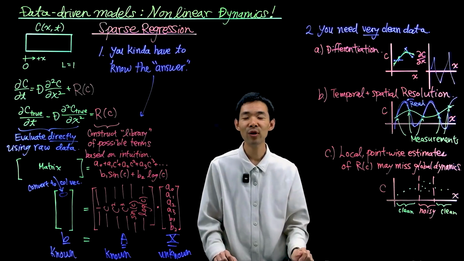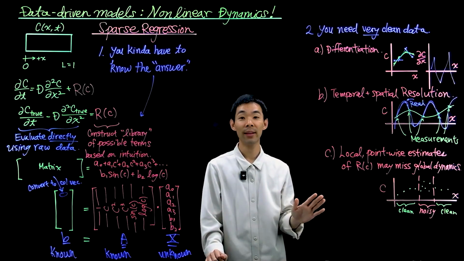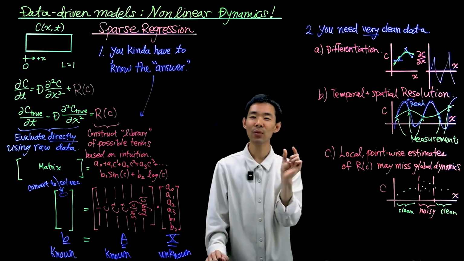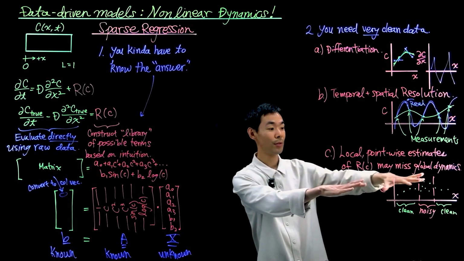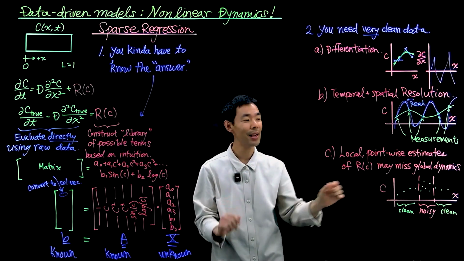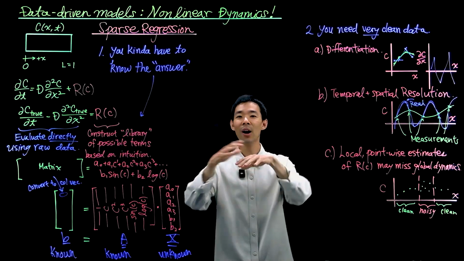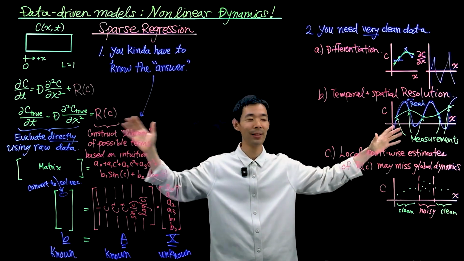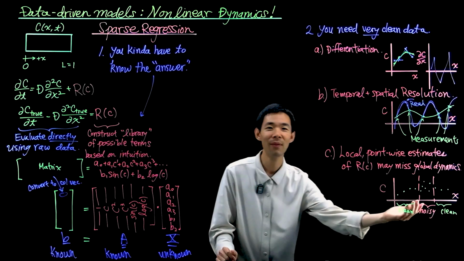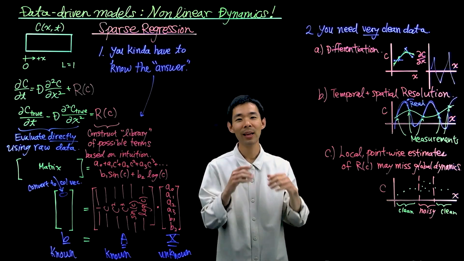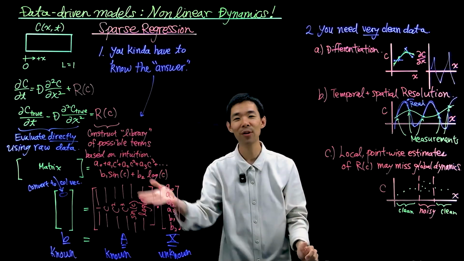And whenever you try to do a sparse regression technique over data sets that look like this, even if your noisy range is very narrow and small compared to the overall clean dynamics, this small bit of noisy region could actually contaminate the fit across the entire global dynamics. Therefore, local point-wise evaluation of a locally noisy region could actually miss the overall global dynamics of your actual fit.